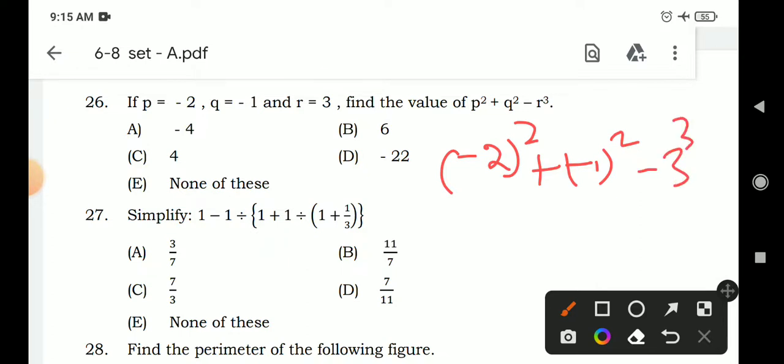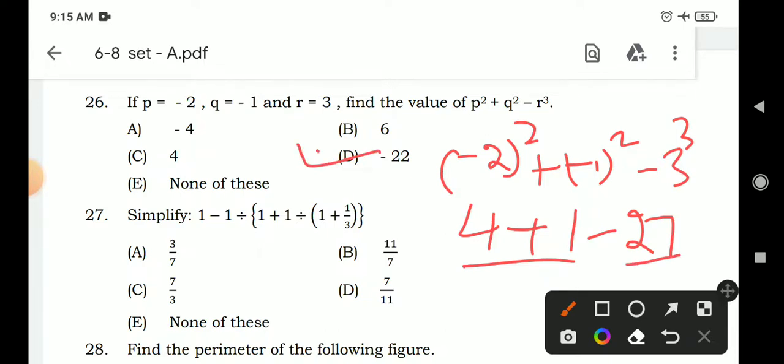So minus 2 square is 4, minus 1 square is 1, and 3 cube is 27. So 4 and 1 is 5, and 5 minus 27 is minus 22. So which is the correct option? Option D is the correct answer of question number 26.